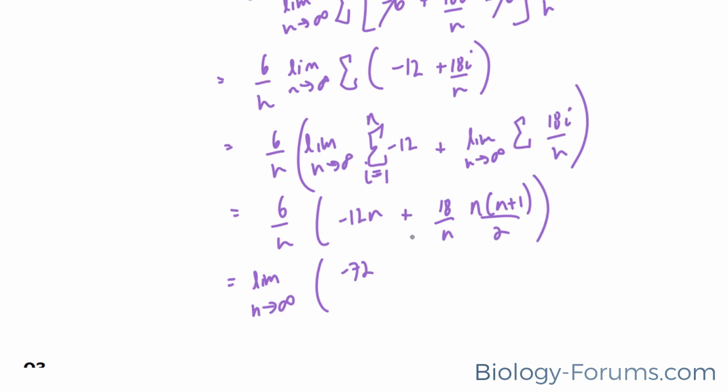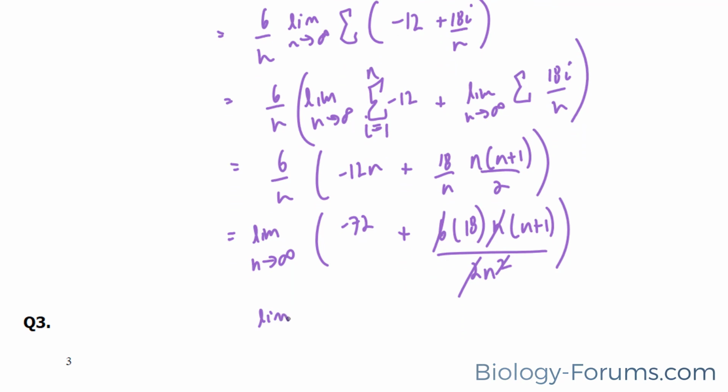And 6 times 18, let's just put these together. Maybe we can cancel them out later without evaluating. 2n to the power of 2, so this will cancel with one of these. This will cancel with the 6, leaving us with 3 at the top. 3 times 18 is 54. So let's write that down.